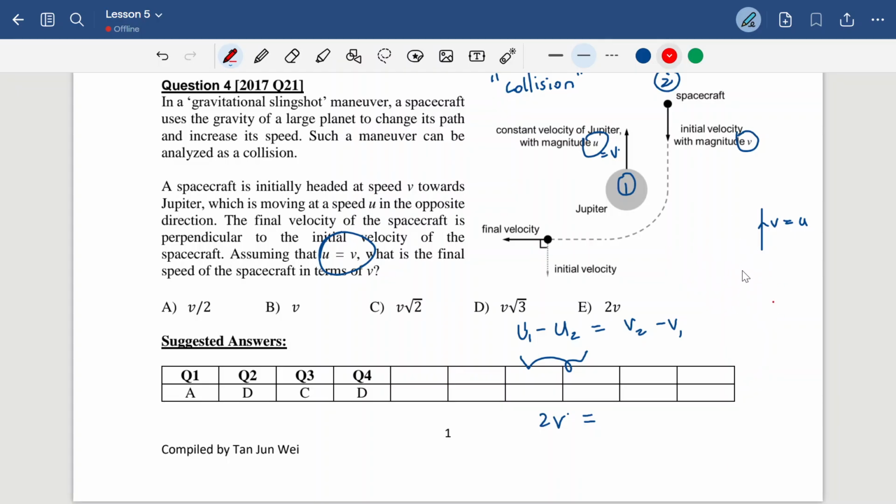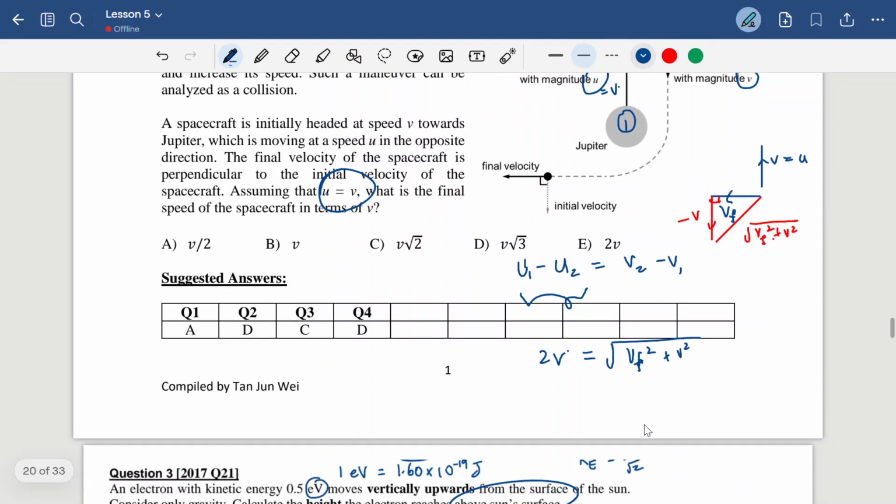The final velocity is unknown, not V. Let's just call it VF. Jupiter is still the same. So V2 minus V1 is VF and negative V, vector subtraction. So this is the relative speed of separation, which is the square root of VF squared plus V squared.